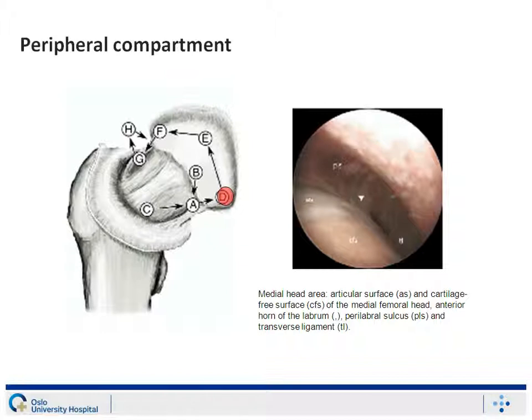Then we move to the more cranial and medial part of the joint, where we can also see down to the joint surfaces, with the labrum up here, the perilabral recess, the femoral head, and here again the zona orbicularis and the neck of the femur.